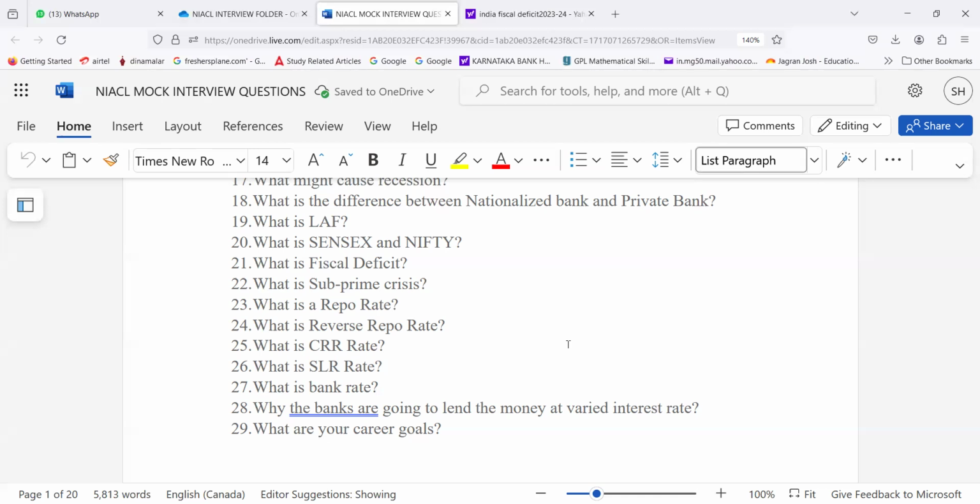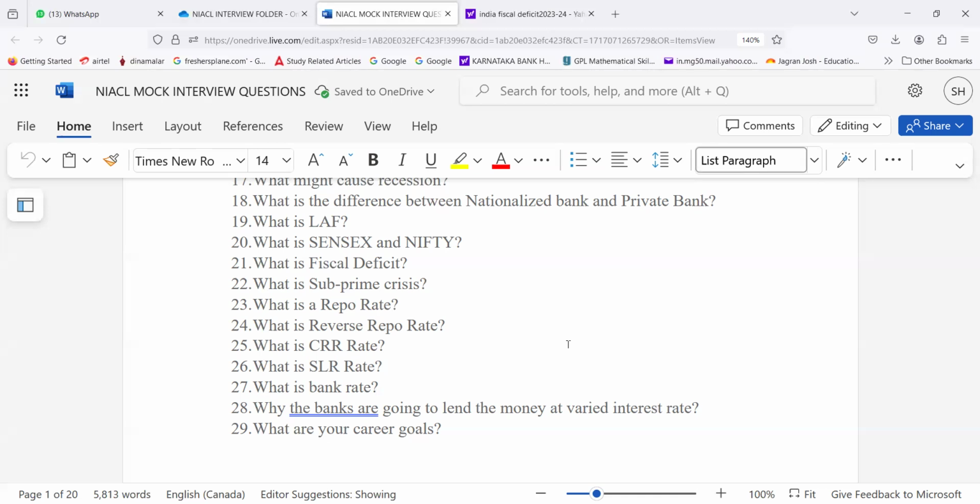Now you may have doubt regarding what is repo rate. Repo rate is the rate at which Reserve Bank of India lends money to scheduled commercial banks for short term. By short term, we mean 14 days to 90 days.